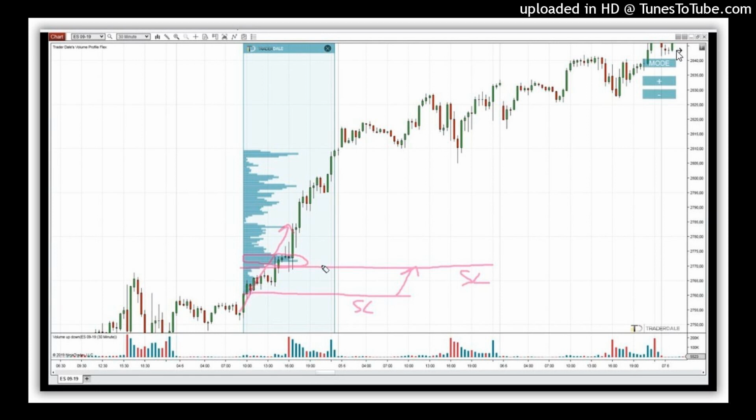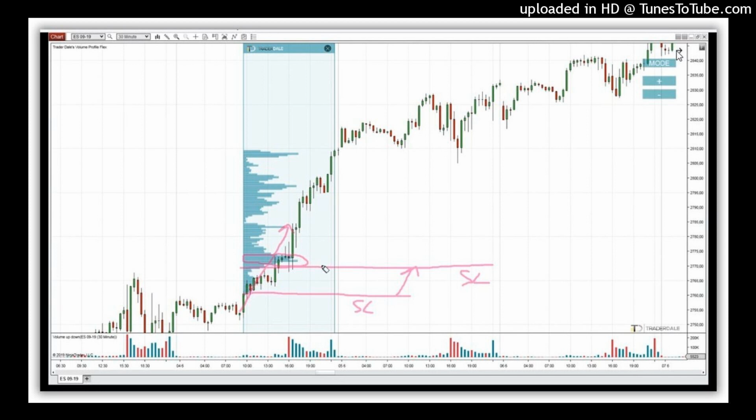Now let's say that, for example, in here you went long, and you are searching for a place to take your profit. So you use the volume profile like this for this pullback area, and the heavy volume cluster in here is this one, very nicely visible.